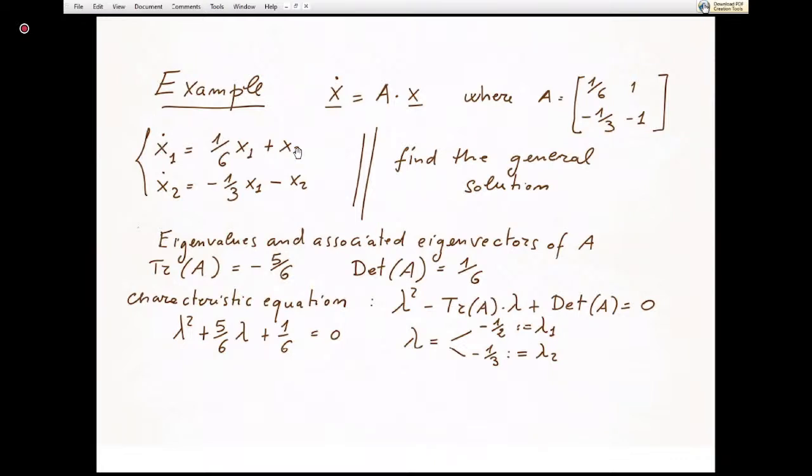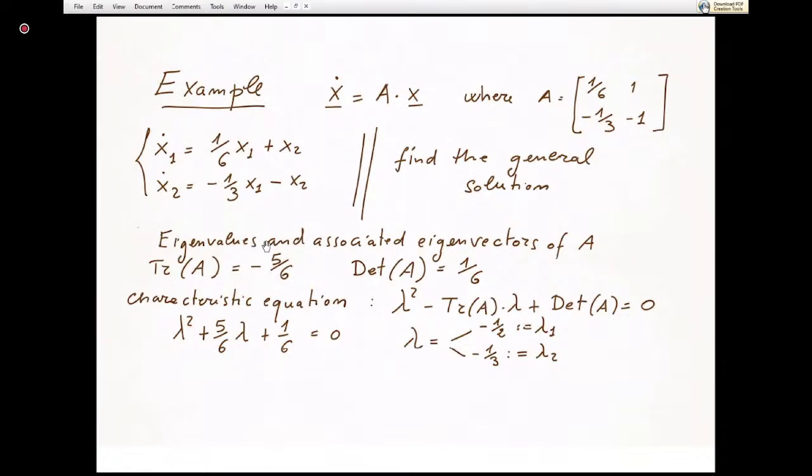So what we see here is, for instance, that the variable X1 increases over time, so the size of the derivative depends directly on the size of X1 and the size of X2. But the derivative of X2 decreases over time proportionally to X1 and to X2, okay? So the joint behavior is this one. We want to see what happens in the long run, for instance.